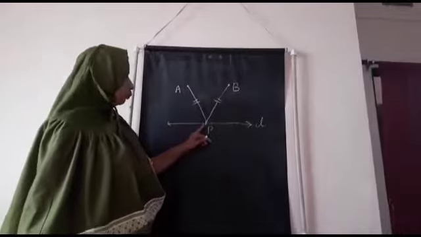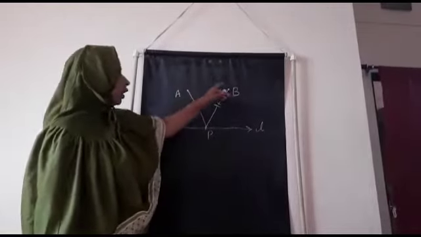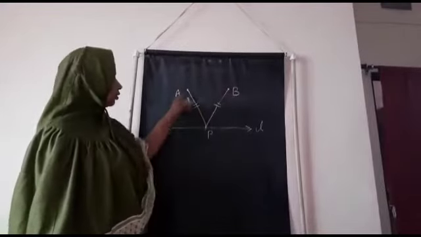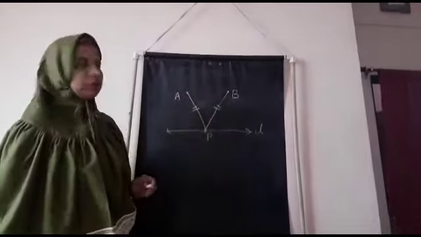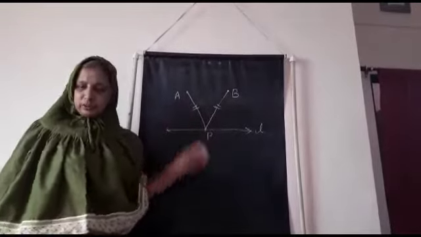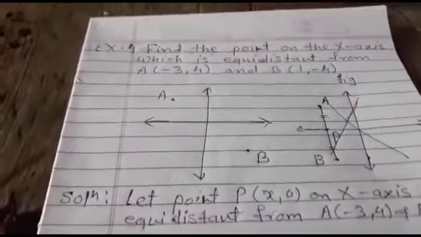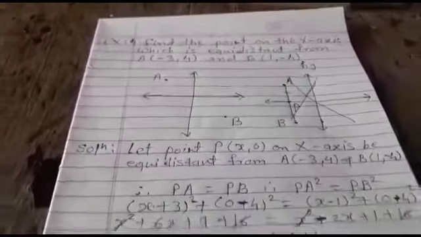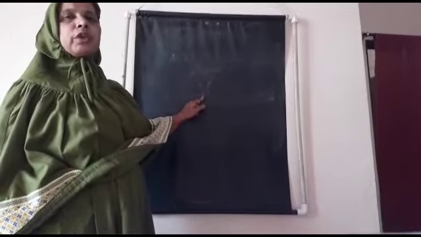Here our point P is equidistant from the given points A and B. Therefore, distance AP and distance BP are both equal. Now I am going to illustrate this with the help of one example. We can easily find the coordinates of the point which is equidistant from the given 2 points.